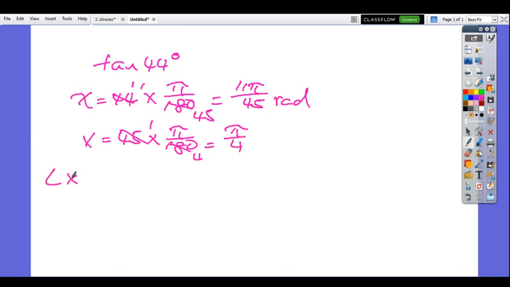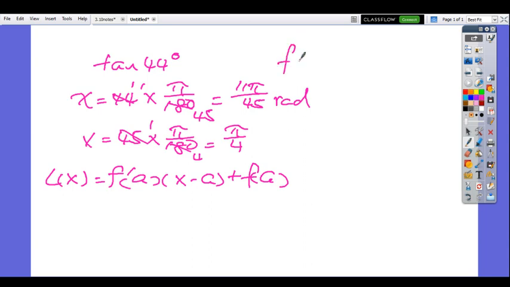Again, linear approximation, so L of x equals f prime of a times the quantity x minus a, plus f of a. For the function here, we determine the function is tangent of x. So f prime of x would be the derivative, which is secant squared of x.